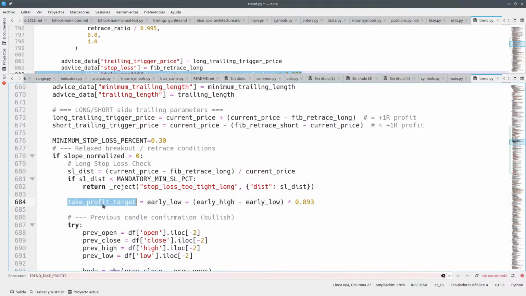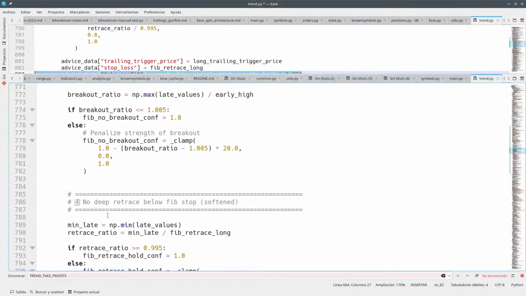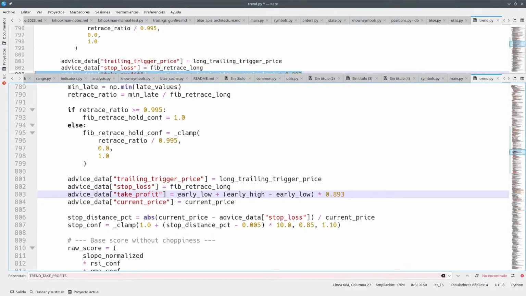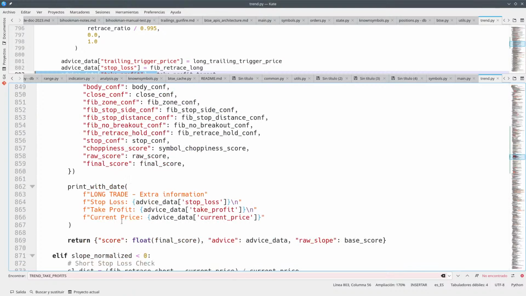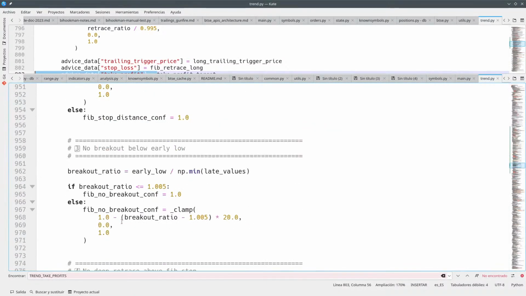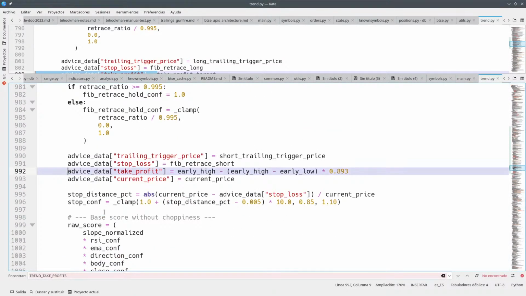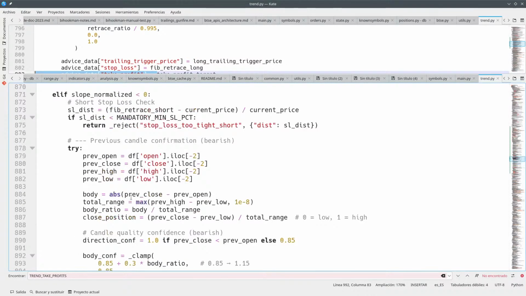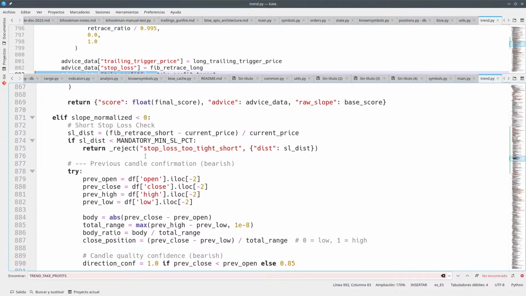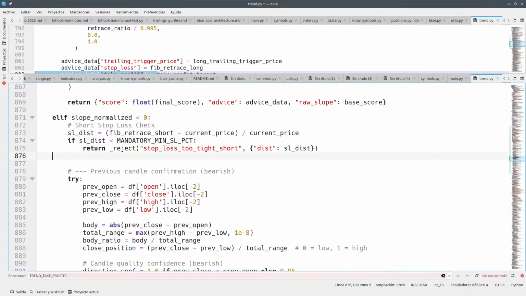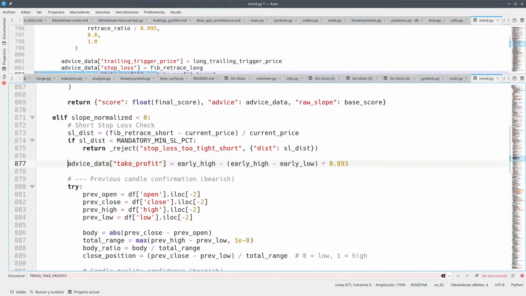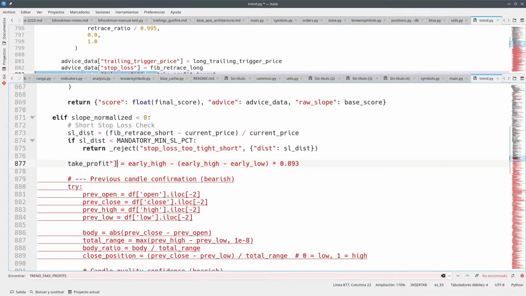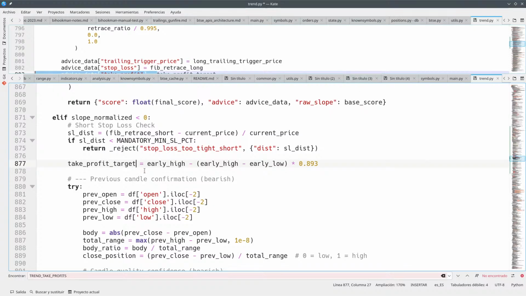It's going to be this thing here, and then later on we can just say take profit target in here. So we need to do the same thing for the other one. So let's copy this thing at the very top into here, I guess. So take profit target, this one here.